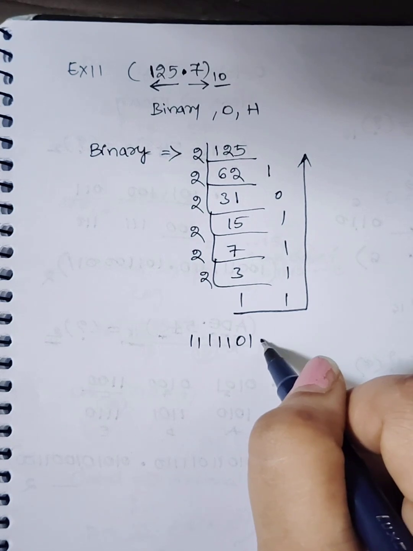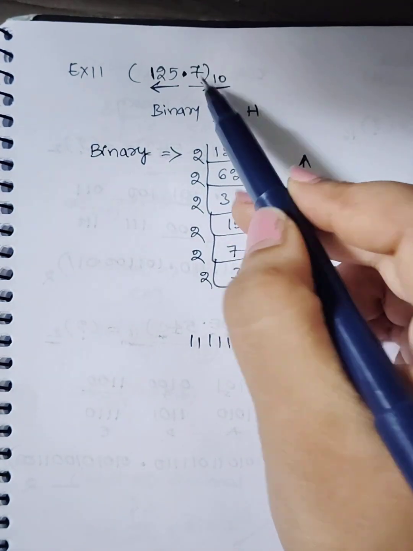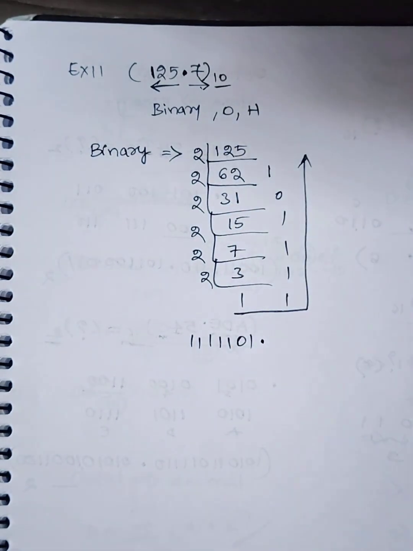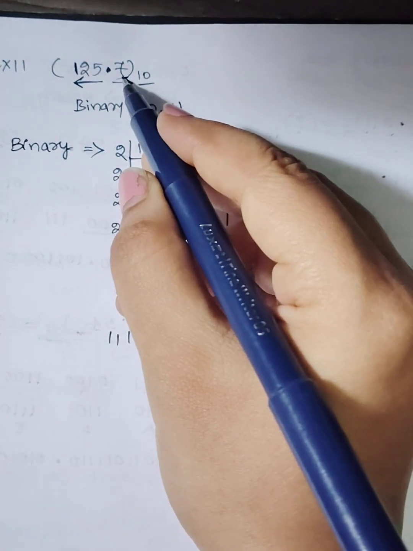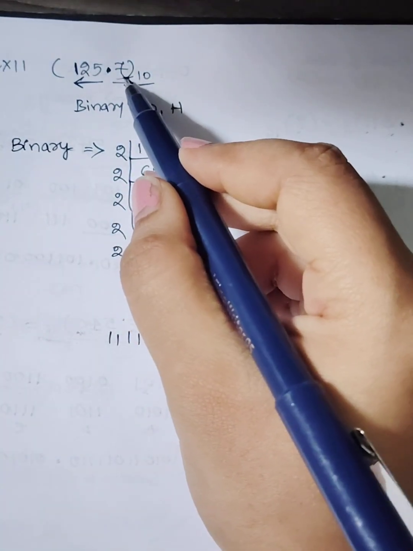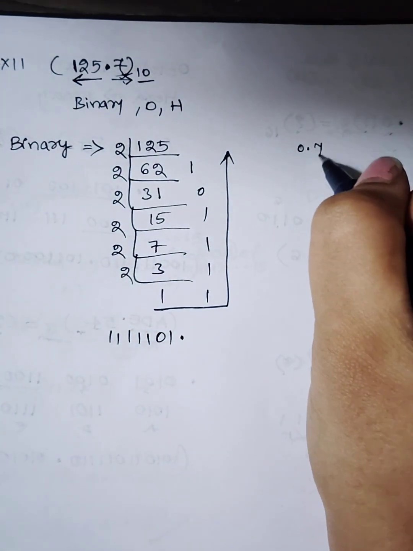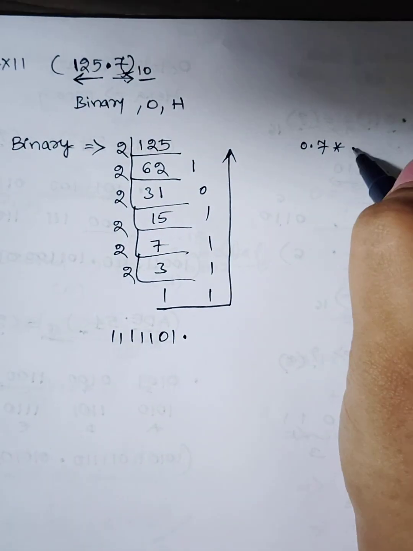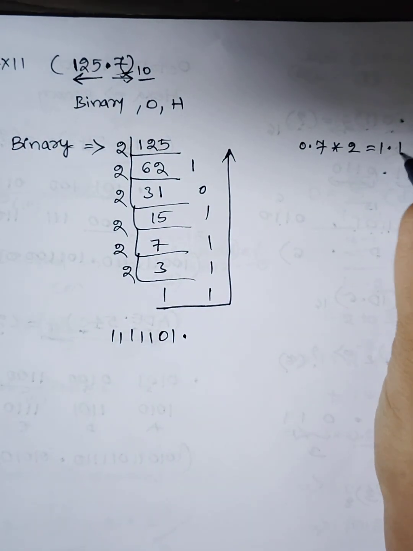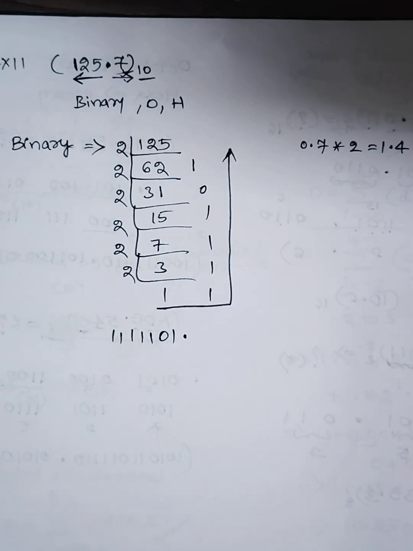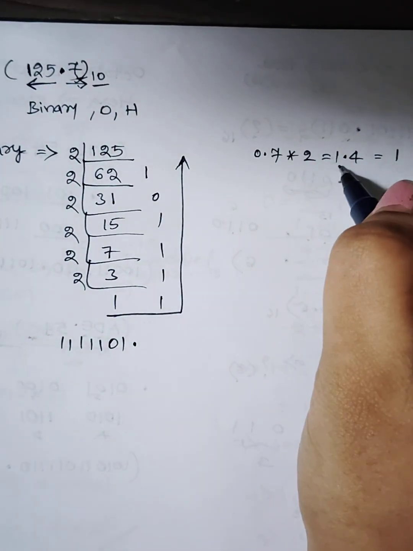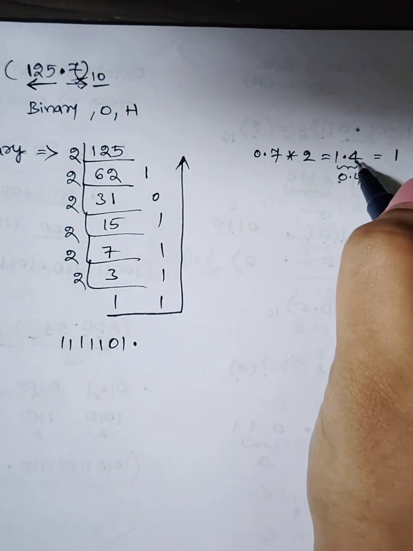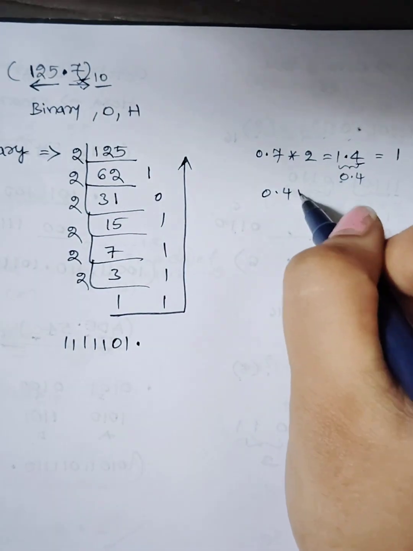0 1 point. After the point we have 7. We need to consider this 7 also in binary. As this value is after the radix point, we need to do successive multiplication with 2, because we need to convert it into binary. So it will be 1.4. You need to consider its floor value, that is 1, and in this you need to take only 0.4 for the next multiplication.